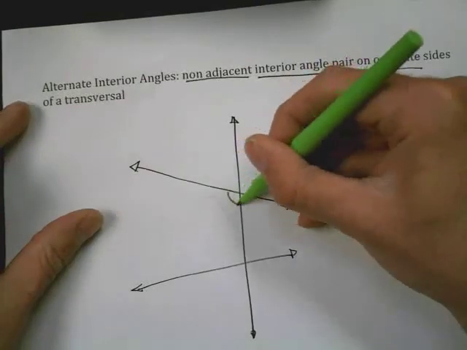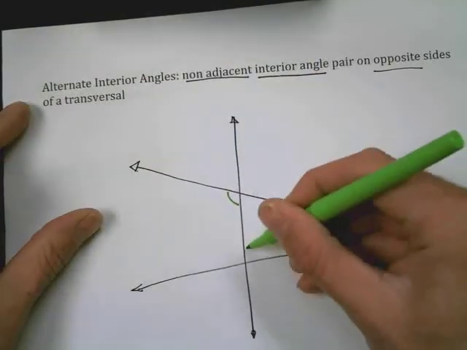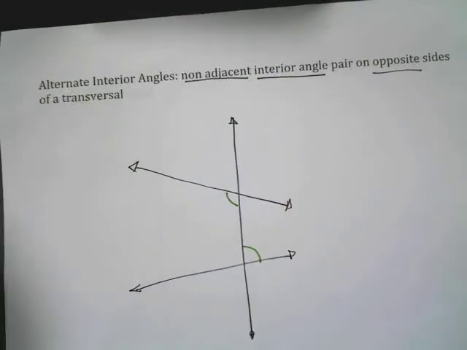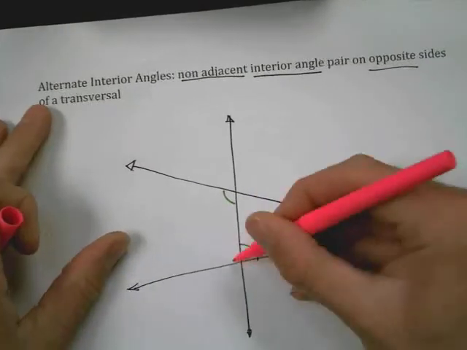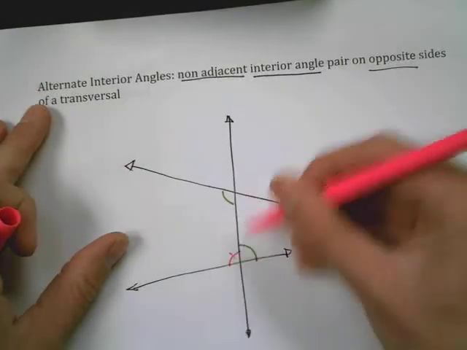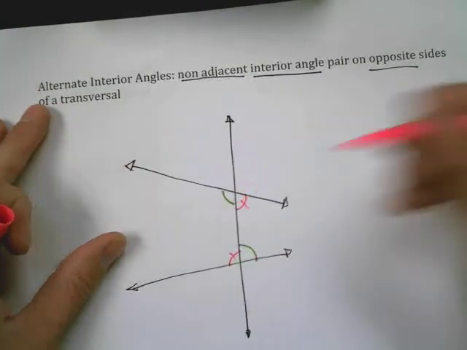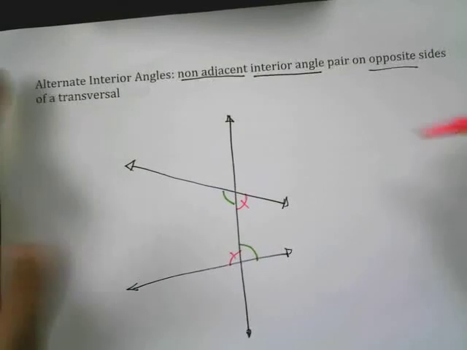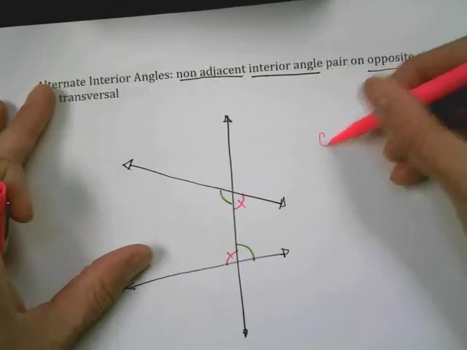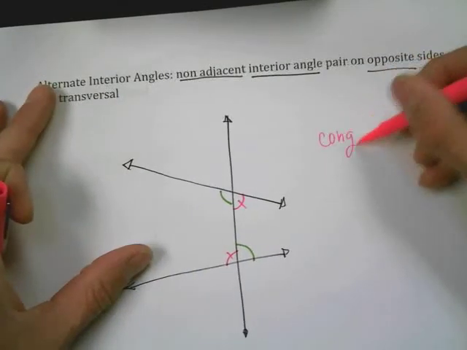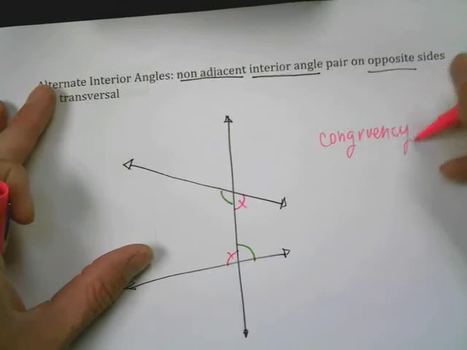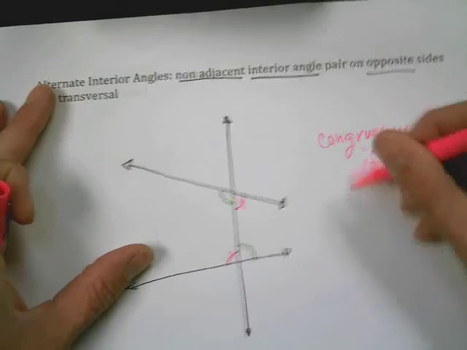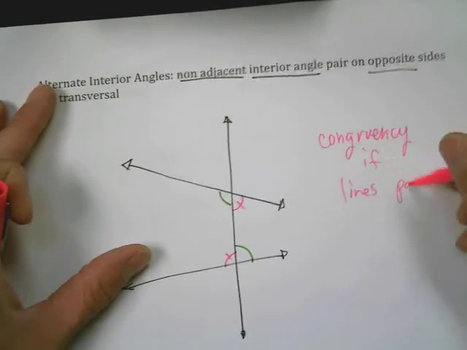So here is one alternate interior pair, the two green ones. And there's also these two, this one and this one. And notice that I didn't draw them with different angle arcs, because the special property is congruence if lines are parallel.